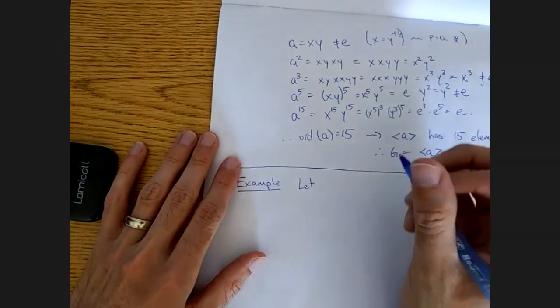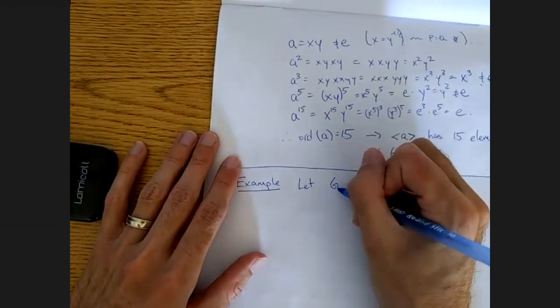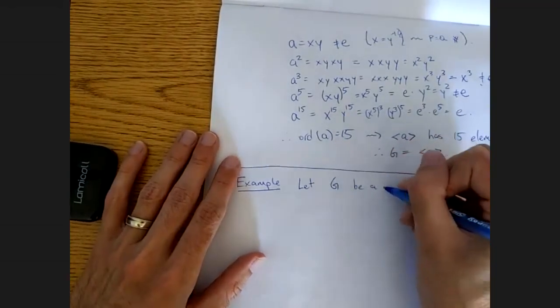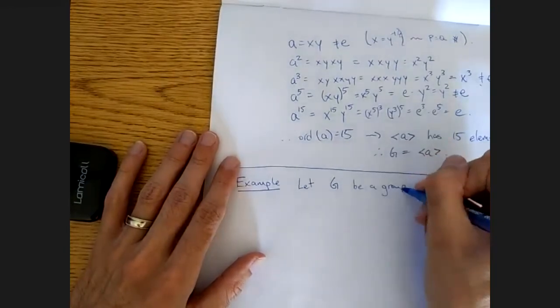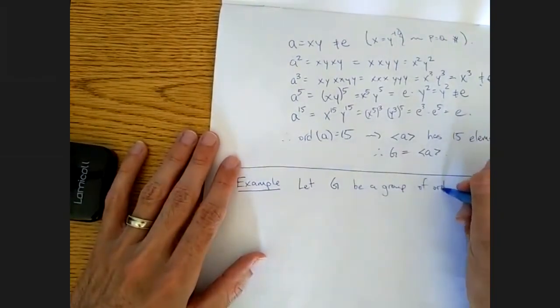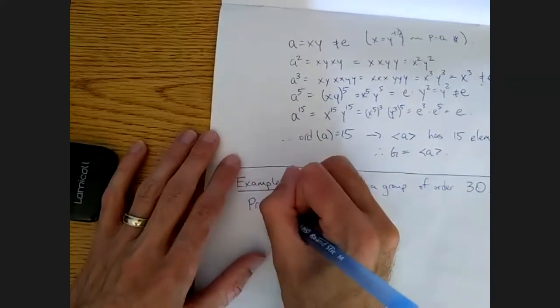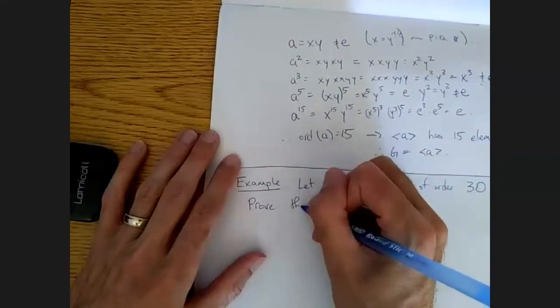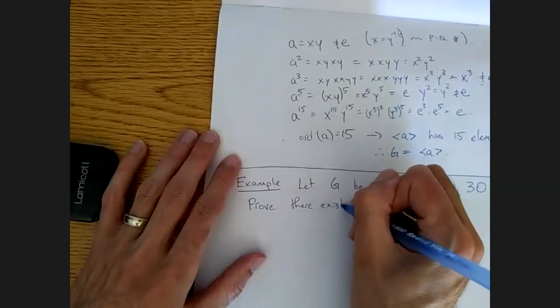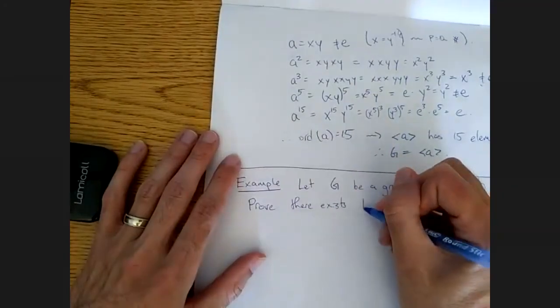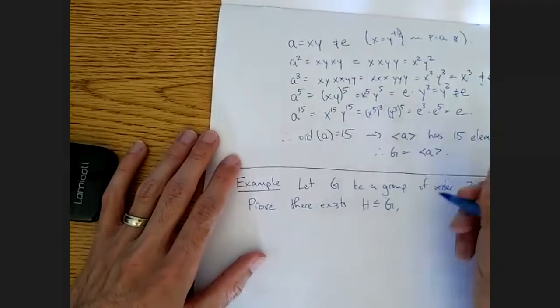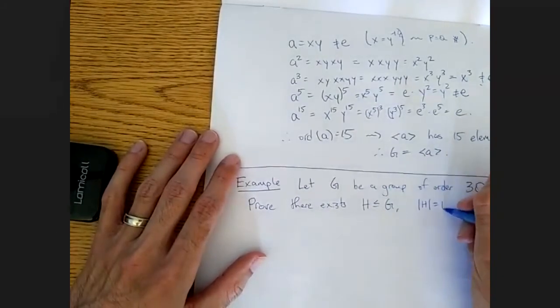Okay. So let G be a group of order 30, and prove there exists a subgroup of G with 15 elements.